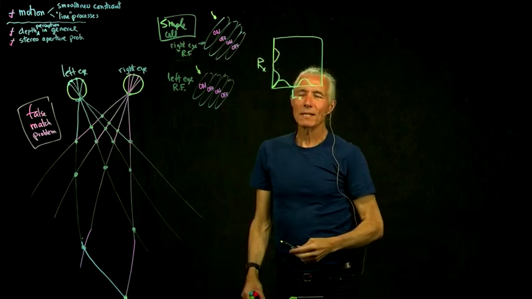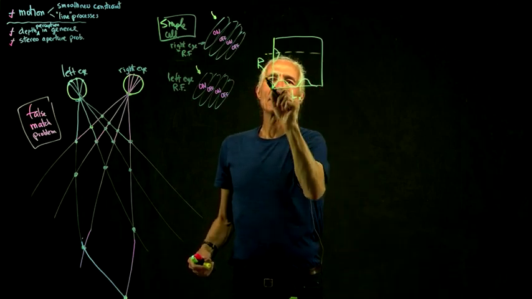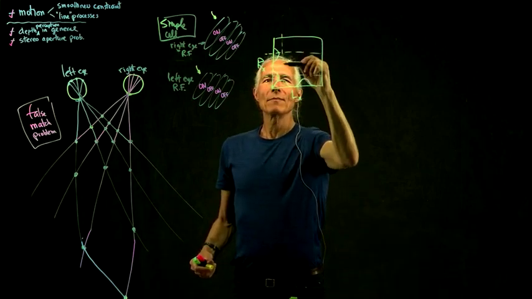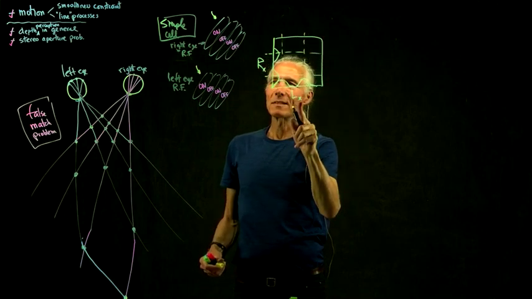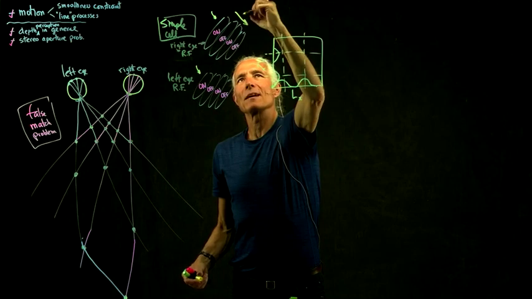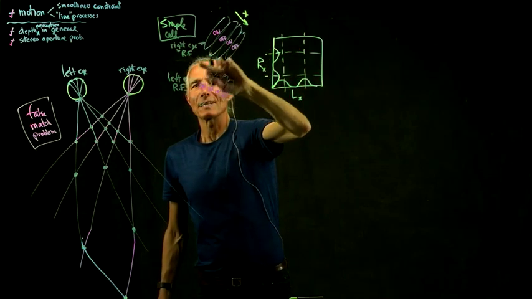So what if we did 2 things at once? Well, then you'll get 4 different combinations of x distance. This is our x distance, perpendicular to the orientation selectivity.